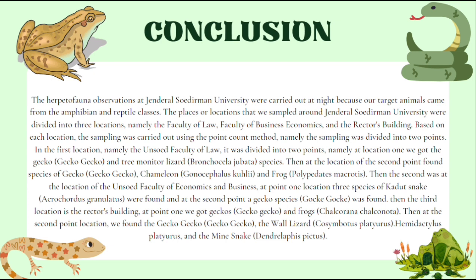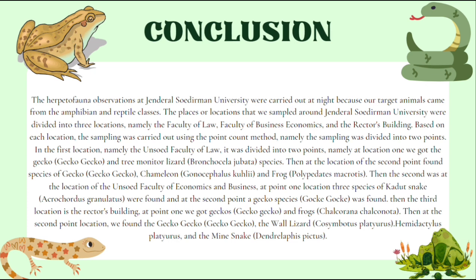At location 1, we got the gecko with the scientific name Gecko and 3 monitor lizards or Bronchocela jubata species. Then at the second point, we found species of gecko, chameleon, or Gonocephalus cohli, and a frog with the scientific name Polypedates macrotis. Then the second was the Faculty of Economics and Business. At point 1, we found 3 species of cadut snake or Acrochordus granulatus.